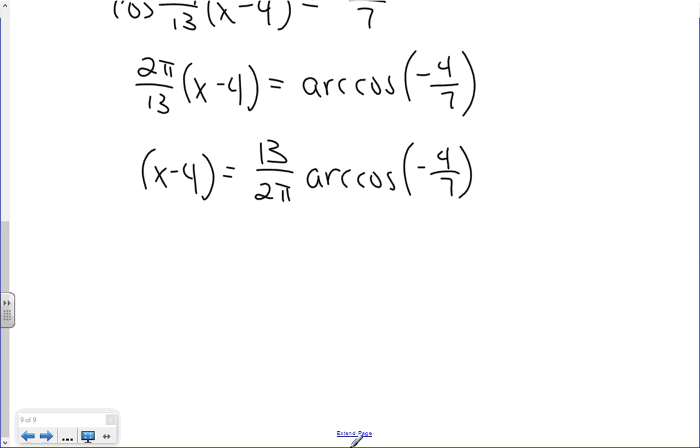And then finally, add 4 to both sides, so we end up with x is equal to 4 plus 13 over 2 pi times the arc cosine of negative 4/7.